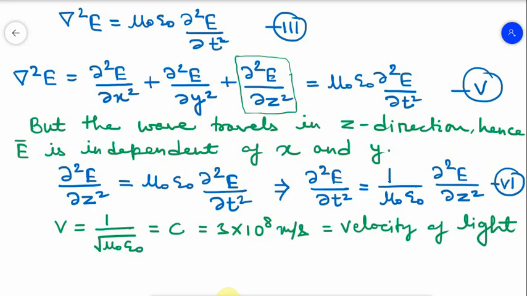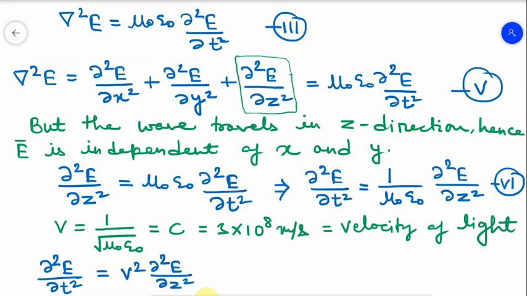So substituting this in equation 6, we have del 2E upon del t square equal to V square into del 2E upon del z square.